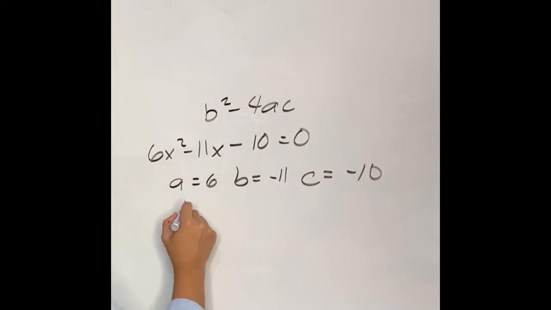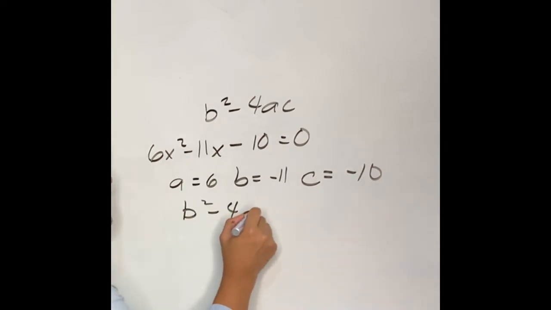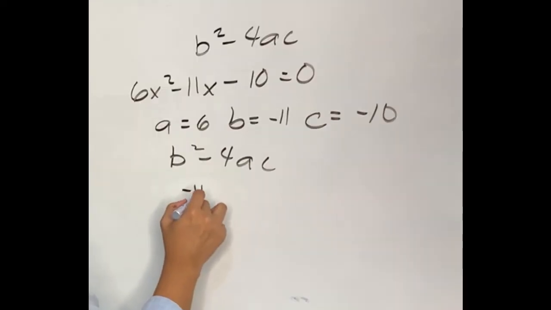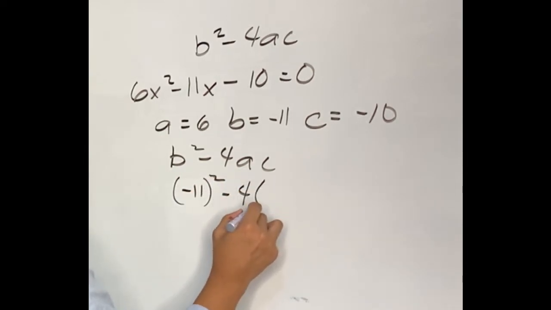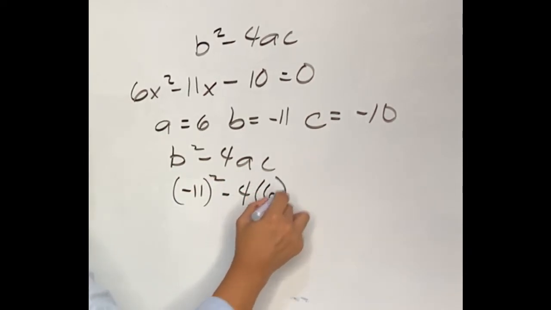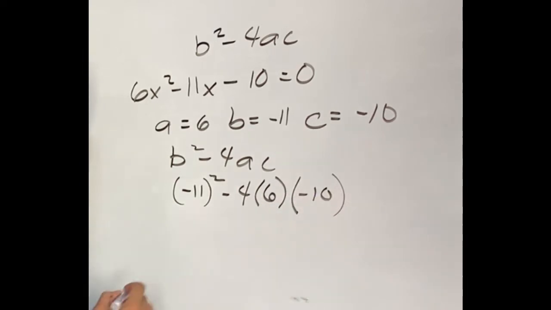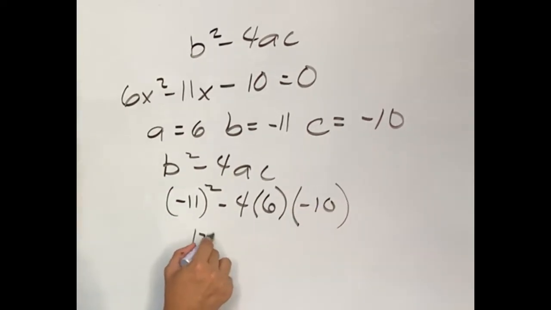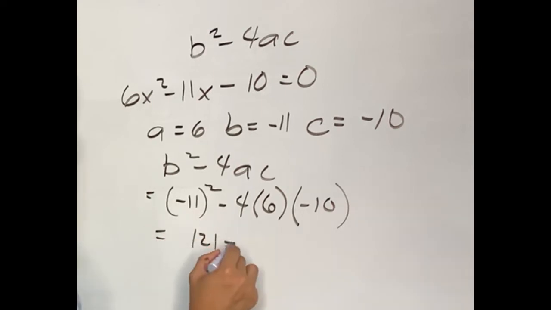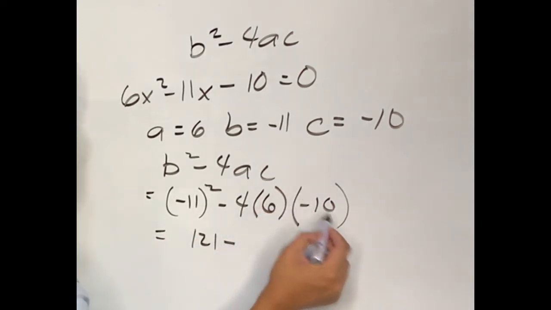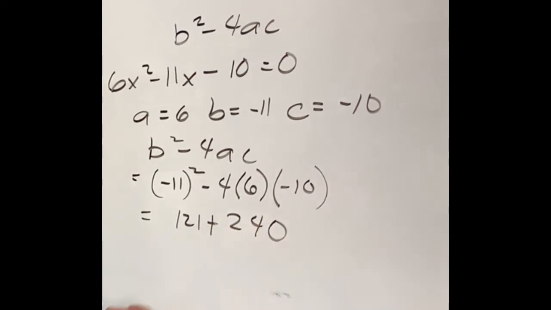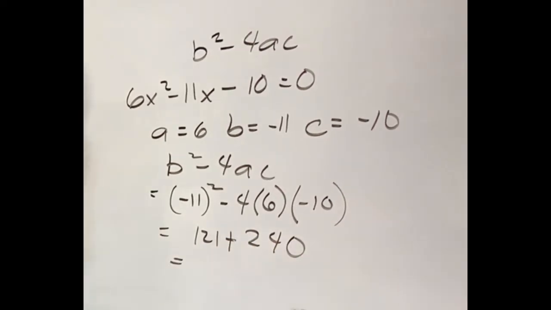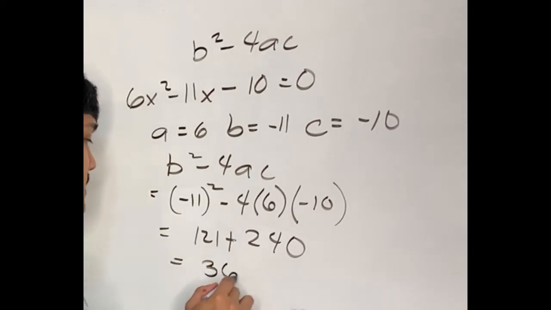To our formula, b squared minus 4ac, we have negative 11 squared minus 4 times 6 times negative 10. 11 squared is 121. Minus 4 times 6 times negative 10, positive 240. Adding 121 and 240, we will arrive at 361.